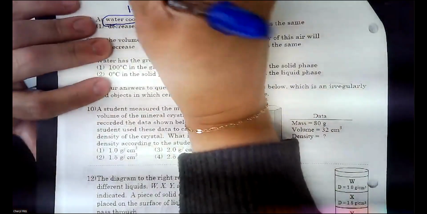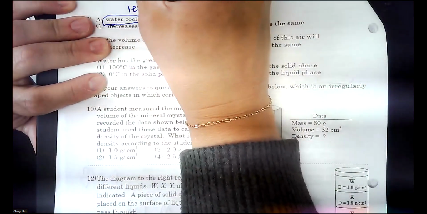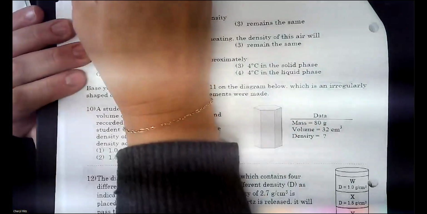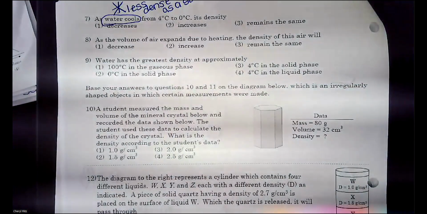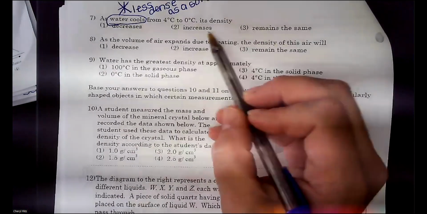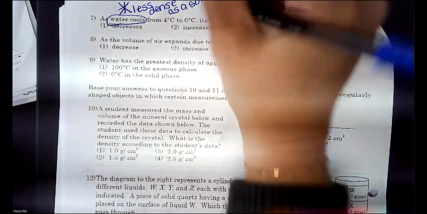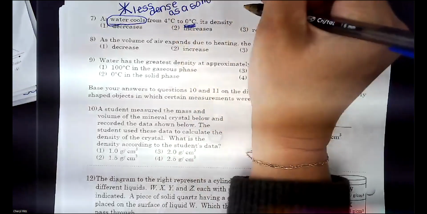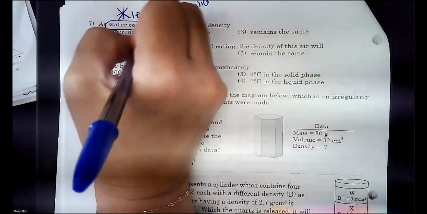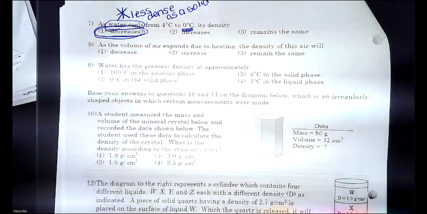It is less dense as a solid. That is something you need to know for the test tomorrow. It is less dense as a solid. So if it's less dense as a solid, what do you know happens when we go from 4 to 0? Does anything know what's special about 0? Freezing point. That's when it goes to a solid. So it will actually decrease density.